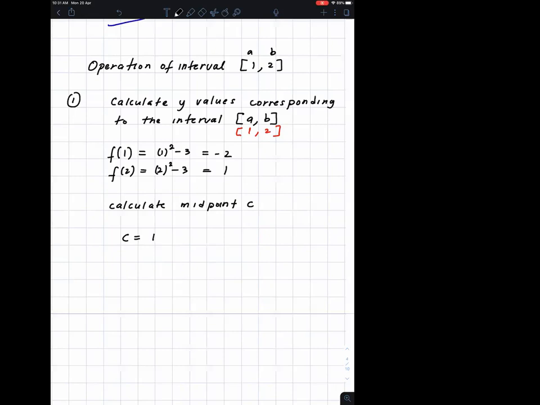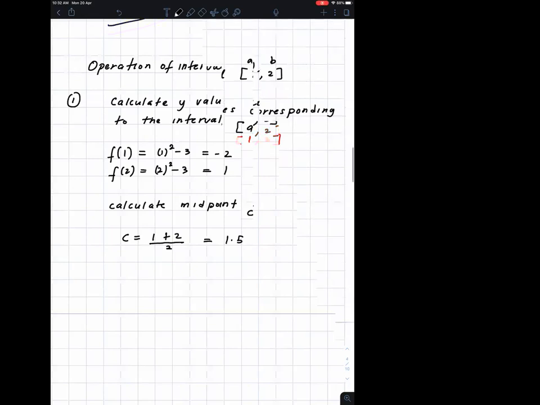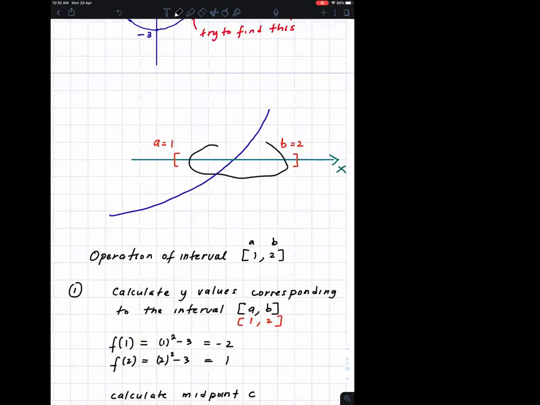The left point is 1 plus 2, the right point, divided by 2. That's going to give you 1.5. So what I'm doing is just taking a point in this interval. Okay, I found a point, around 1.5. This point, the 1.5, can be here or can be here, we don't know.